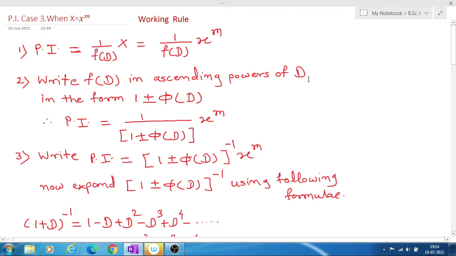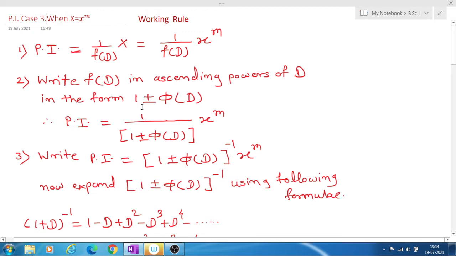Then the next term will be D, next D square, next D cube, and so on. Like this, write f(D) in ascending powers of D and then write it as 1 plus or minus whatever may be the function of D. Suppose it is phi(D). So write f(D) in the form of 1 plus phi(D) or 1 minus phi(D).